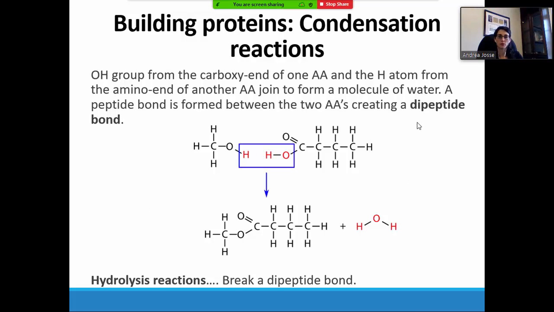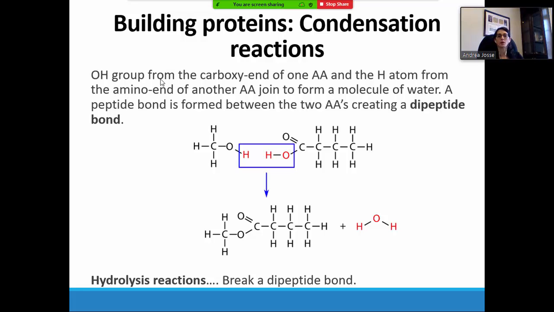Okay, so building proteins. We build proteins in our bodies through condensation reactions, and you may have heard about what these are before. We also build carbohydrate molecules with condensation reactions as well.